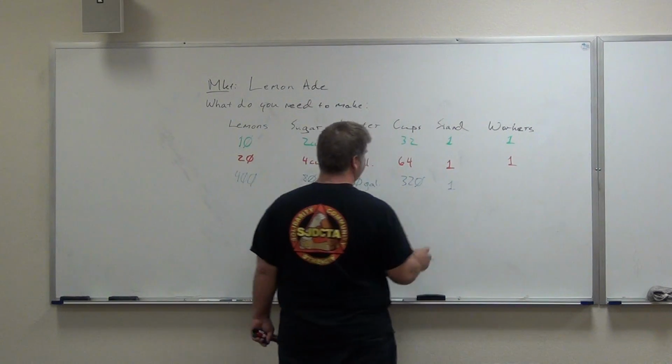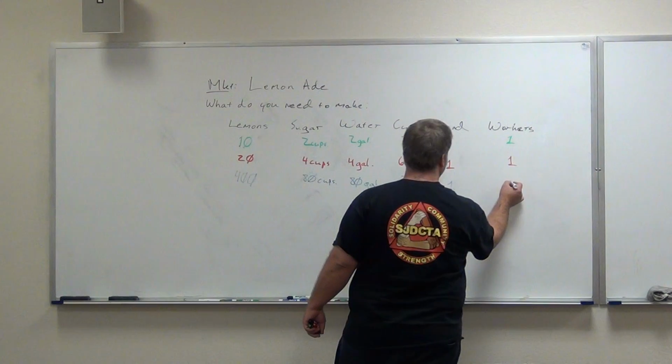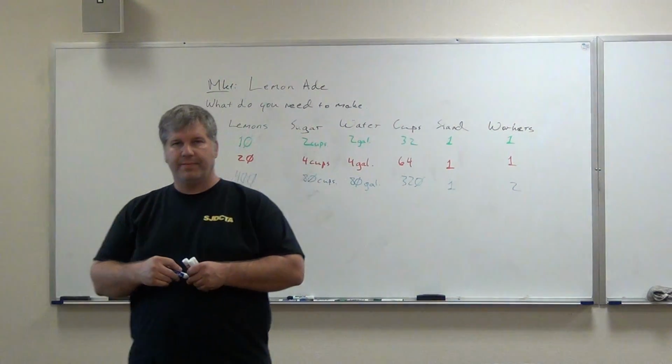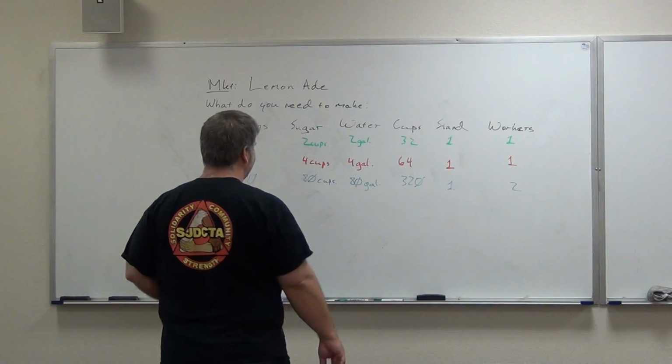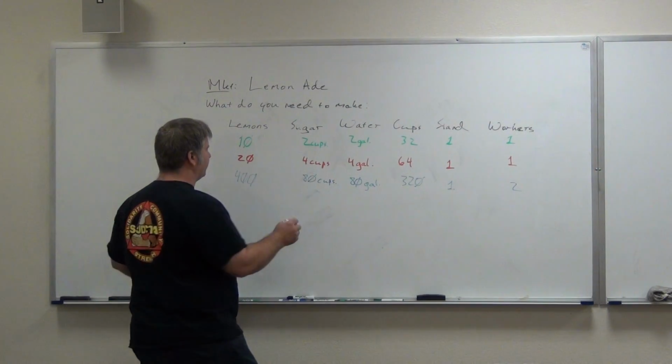Still 1 stand, probably in a given period of time though, not doing that with 1 worker. So let's say now we need 2 workers. Let's say you have all of this data about how productive your workers are, and you can already begin to see, hopefully, that there's a progression here. We can produce something called a production function.